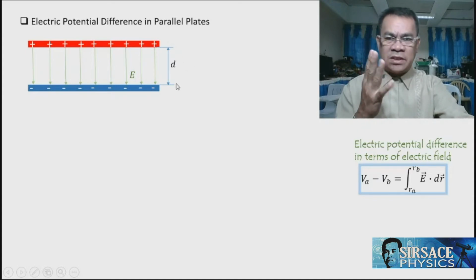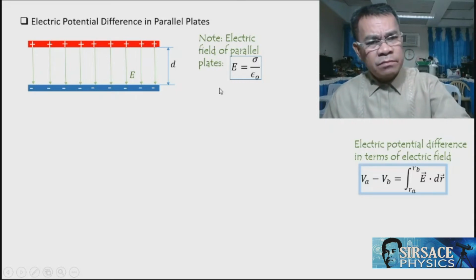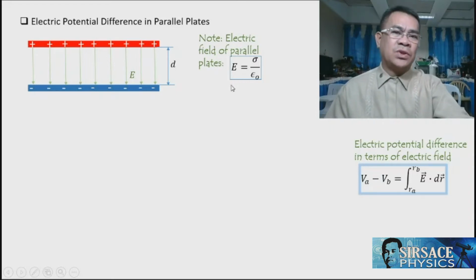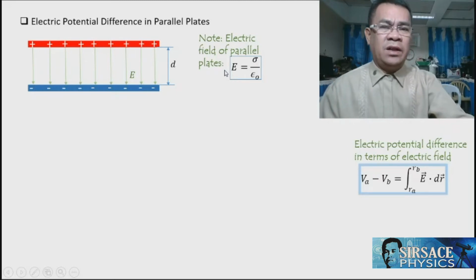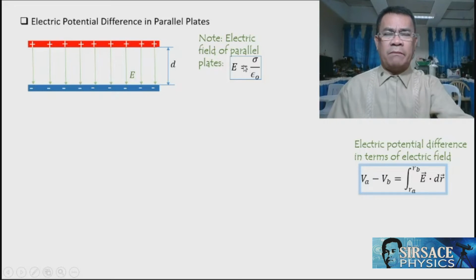Okay, but if there is a space at a distance d. Now take note that in our previous videos on Gauss law, the application of Gauss law, electric field is defined as the surface charge density over epsilon naught. This is for the parallel plates. For a single plate, this is surface charge density over 2 times the permittivity.